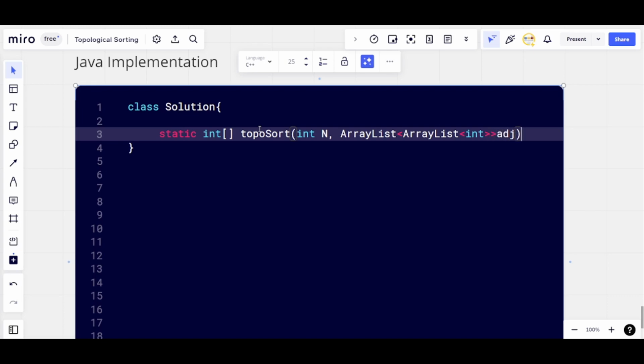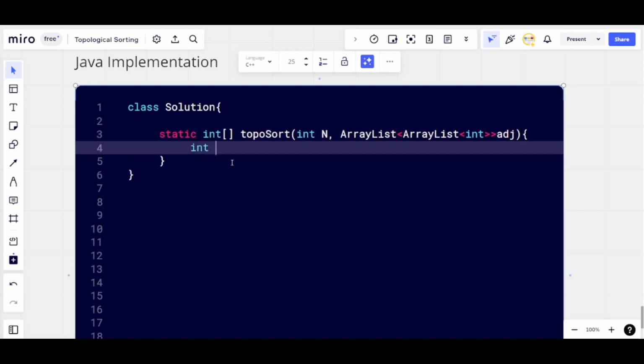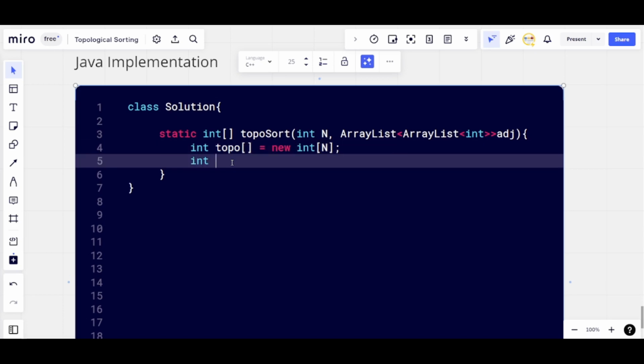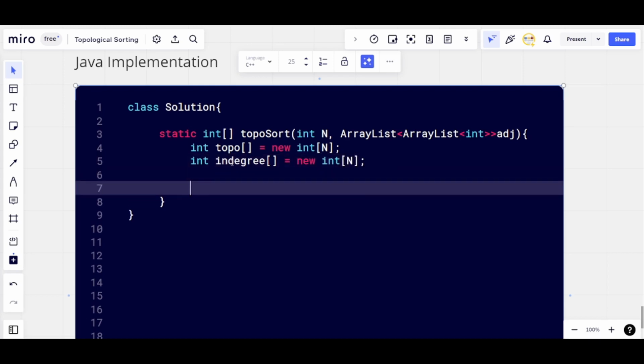Let's call it adj. Let's declare two arrays: topo array, which will store the answer and has a size of n, and another array, in degree, which has a size of n. It will store the in degree for every node of the graph.